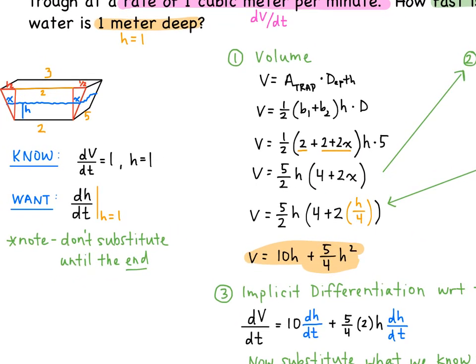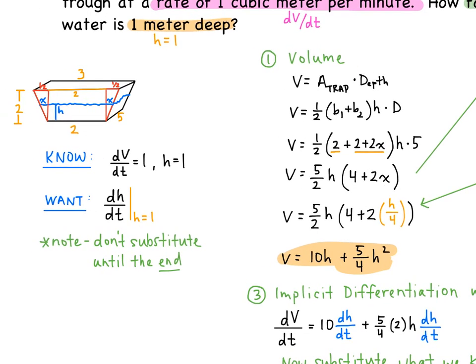All right, so let's get started. We're talking volume. We know the rate at which the volume is changing. So what we need to do is talk about the volume of this trough. The volume of this trough is really the area of one trapezoid, which is this front face here, times the depth, because we're essentially adding all of these flat trapezoids together until we get to the depth we want.